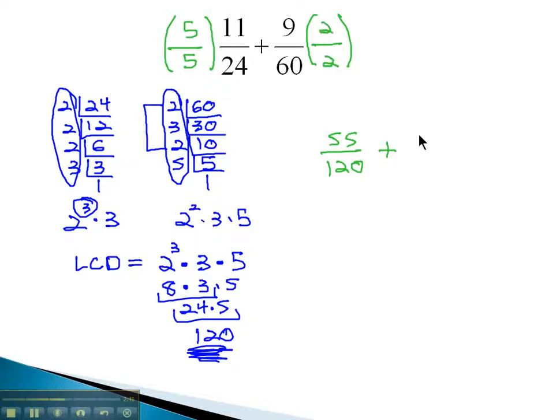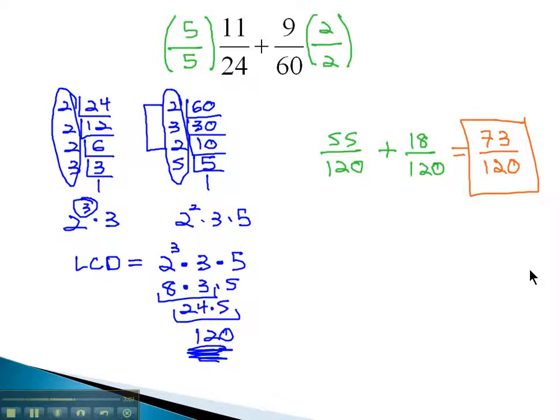We multiply by 2 in both the numerator and denominator. 2 times 9 is 18 over 120. And finally, 55 plus 18 is 73 over 120. This fraction doesn't reduce, and so we have our final solution.